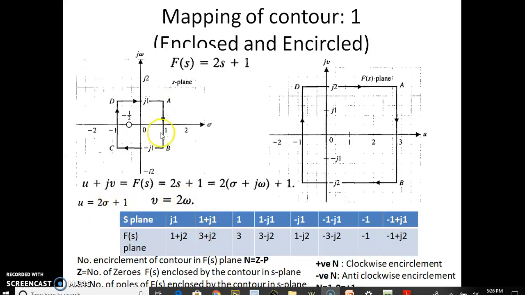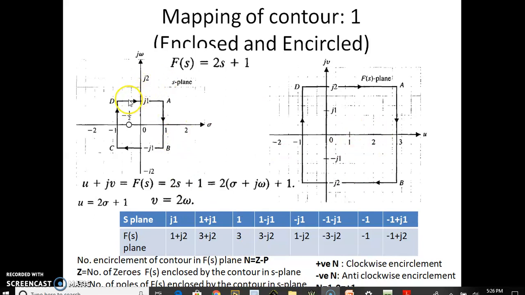Likewise this point is mapped to here. Similarly, consider this point mapping onto the F(s) plane: since this is 1 and j omega is equal to 0, the imaginary part becomes 0, and you end up with 2 plus 1, which is 3. So 1 is becoming 3. You can see this point is now mapped onto this.